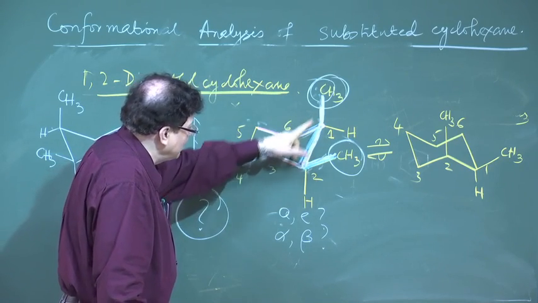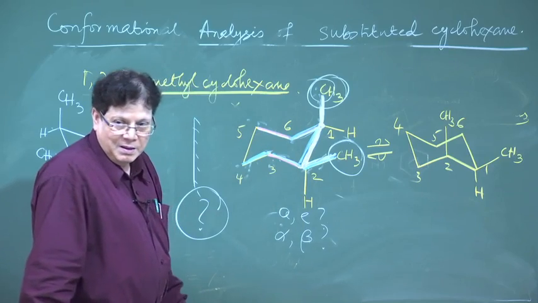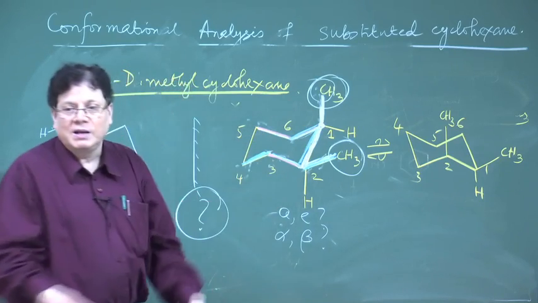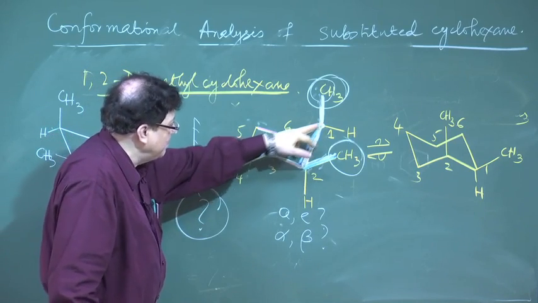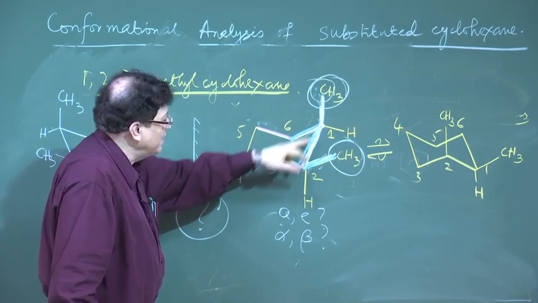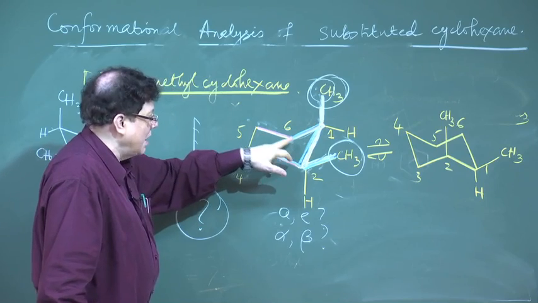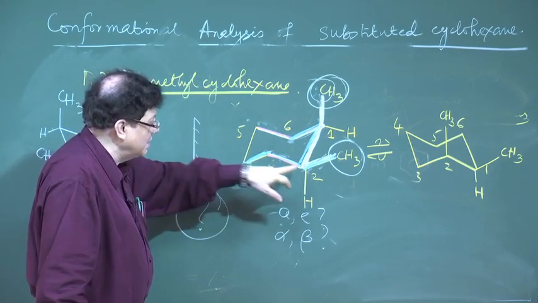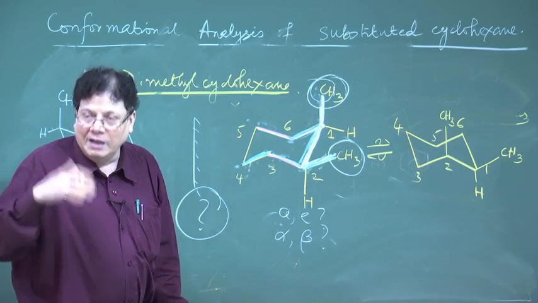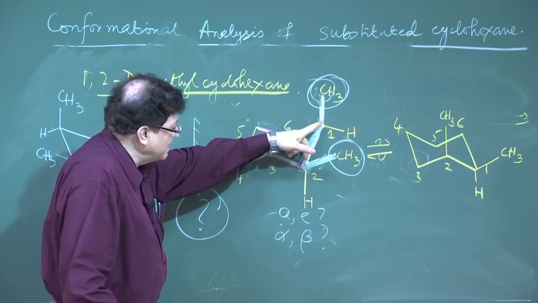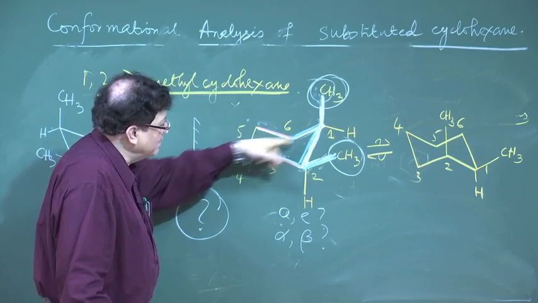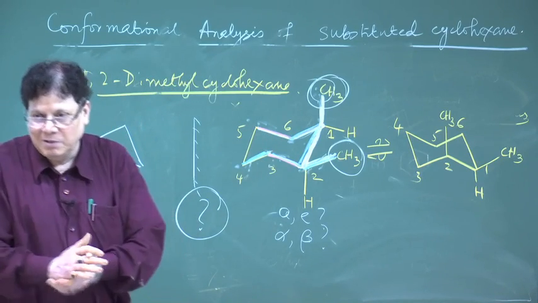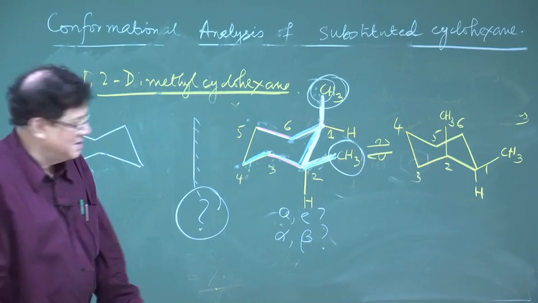So, I want to traverse through the ring in such a way that the substituents come very quickly, because I could have gone, again I repeat, this way, but that way I first go to an unsubstituted carbon, then another unsubstituted, then unsubstituted, then unsubstituted, then the substituted one. Rather than doing so, I decided to traverse in such a way that the substituted carbons come very quickly, the shortest path in that sense.